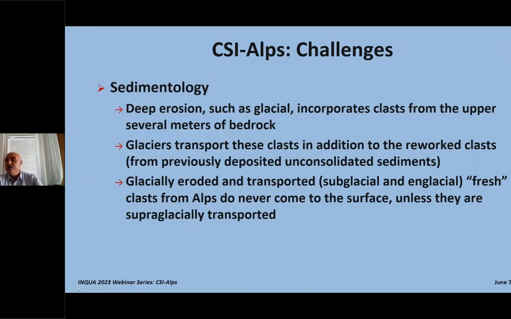The sediments are transported either subglacially or englacially from the Alps and deposited in the foreland, but they do not come to the surface unless they are supraglacially transported. So all the gravels that we are looking at now in the northern Alpine Foreland were once brought to the foreland by the glaciers, then distributed by the meltwaters or river systems, and finally deposited.